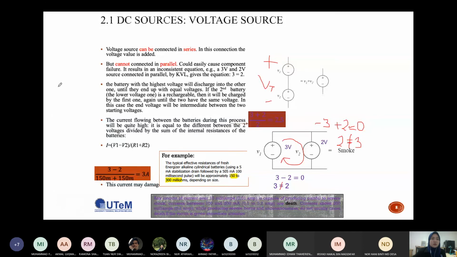So now let's look at the connection of the DC sources. Basically, as stated over here, voltage sources can be connected in series. If it's connected in series like this, we look at here, this is in series.